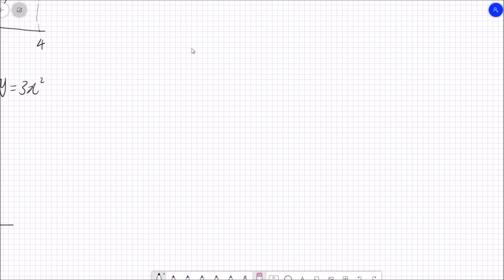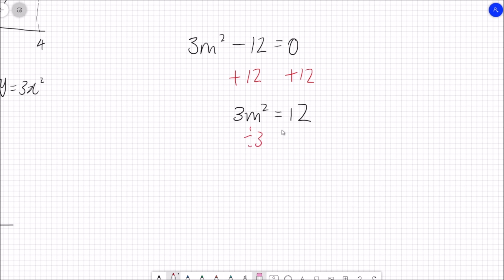Next one, we can also try it even if everything is on the same side of the equal sign. Of course, we do it as you do with all equations. You just cancel out the 12, so you end up with 3m squared = 12. Then you divide both sides by 3, and you have m squared = 4.